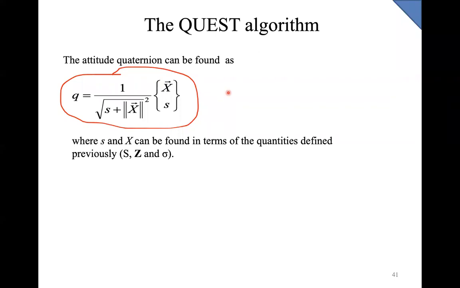When you know that, you find the Q. In that case, the Q will have a different expression every time, because lambda will always be different. So you don't need to know an analytical form of Q. It's not really the main point of the QUEST algorithm. The QUEST algorithm is that once you know lambda, you are able to determine Q.